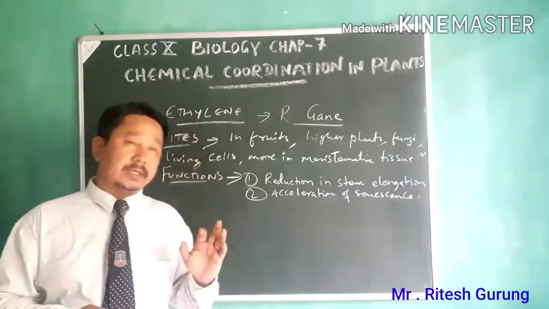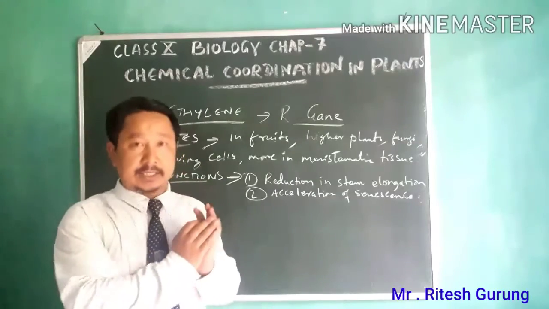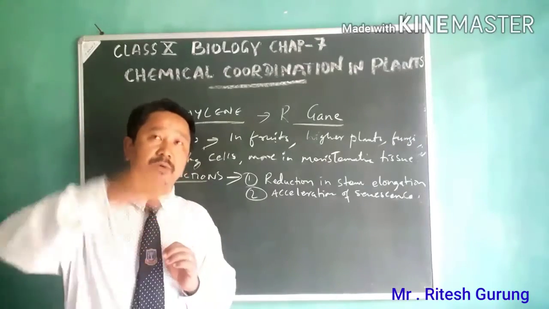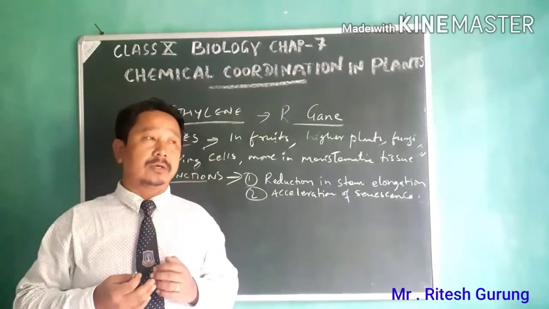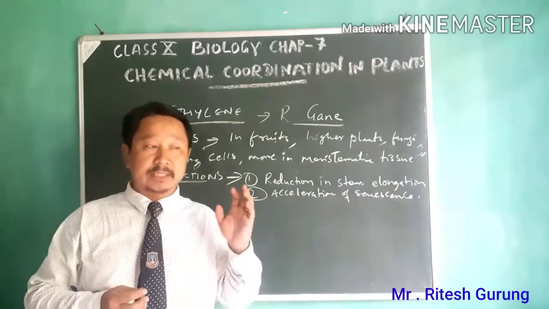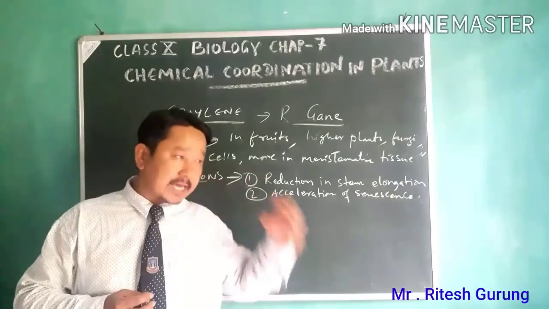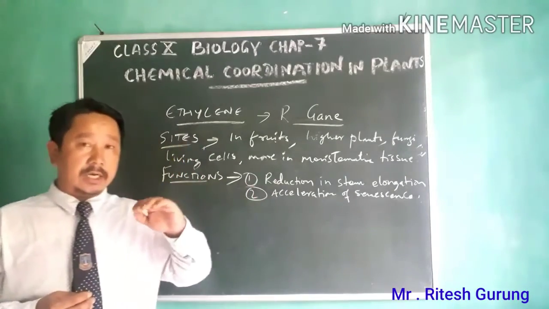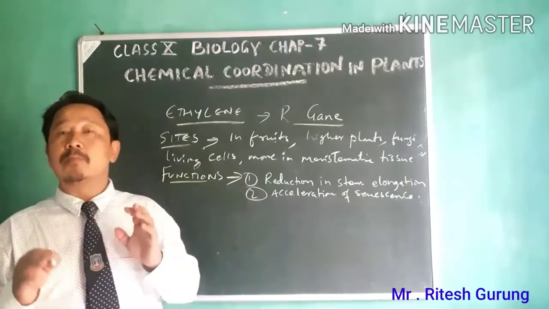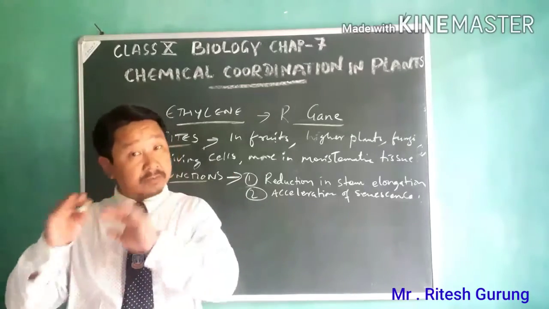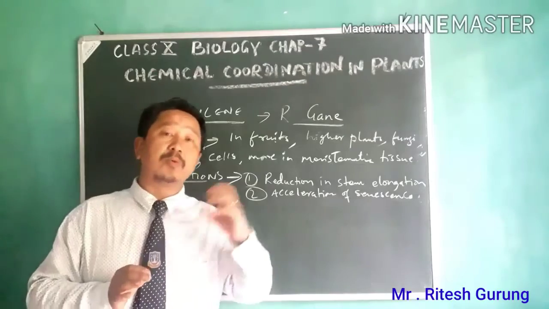Because if the growth hormones only are there, then the plants will be growing and growing and growing, and it will be that tall, you can't imagine. But in the same way, to balance it out, there are some other opposite hormones which play the opposite roles.